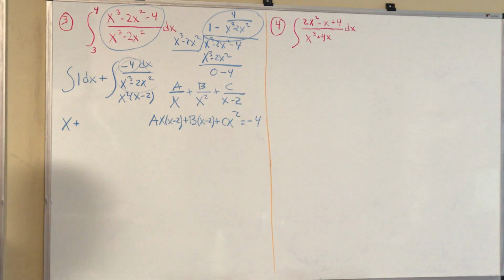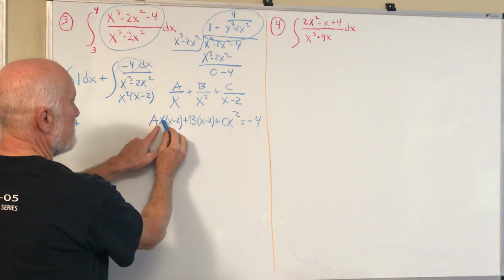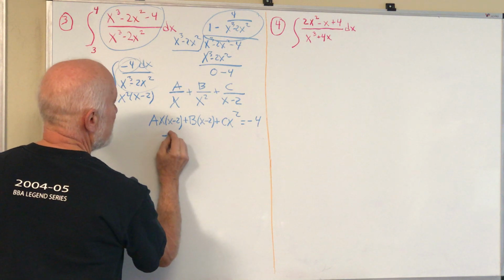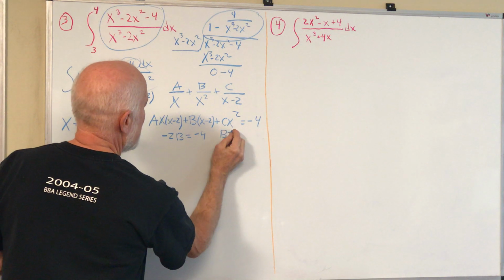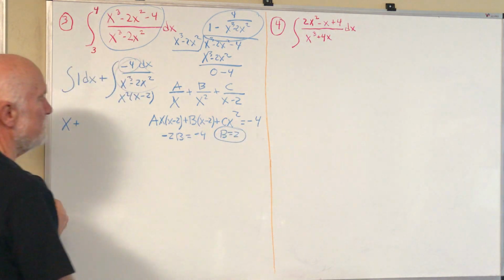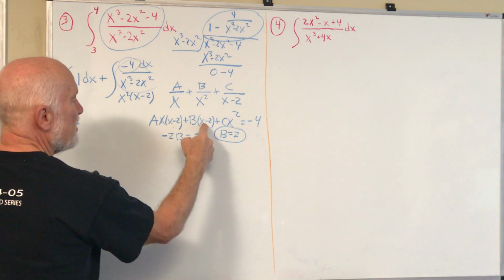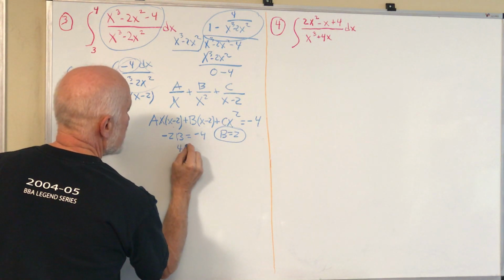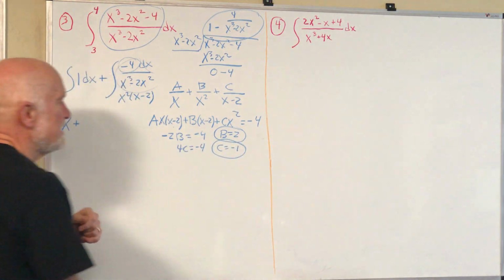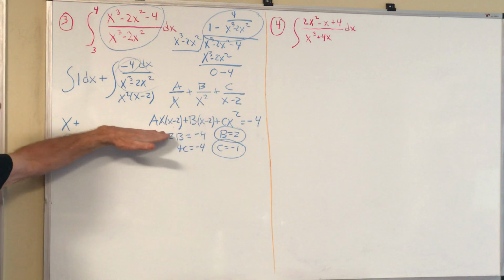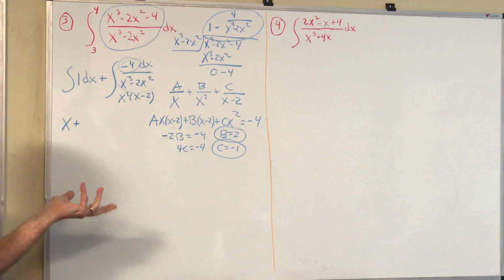So what are convenient values of x to pick? Well, I think x equals 0 works out really nicely because that wipes this and this term out. So you get negative 2b equals negative 4, or b equals 2. And then you could try x equals 2. That wipes out these 2 factors and you get 4c equals negative 4, or c equals negative 1. Now we've run out of really convenient values of x to plug in, so we can pick any other value we want.